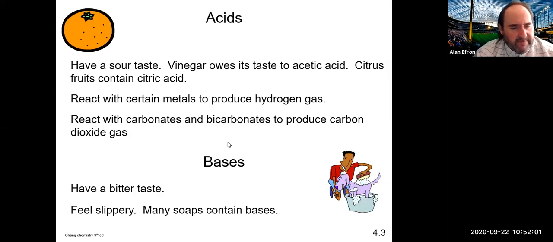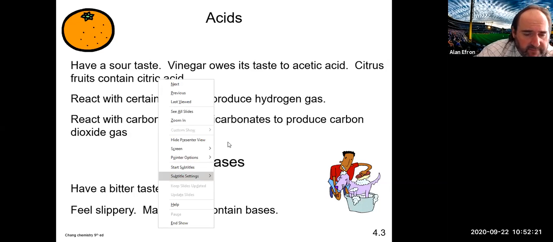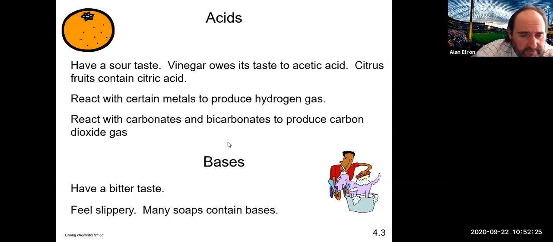Acids have a sour taste. You shouldn't really taste an acid or a base in a chemistry lab. But things like vinegar, acetic acid, and citric acid are examples. Acids typically react with metals to produce hydrogen gas, a reaction you should be familiar with from Chem 50, which is a single replacement reaction.